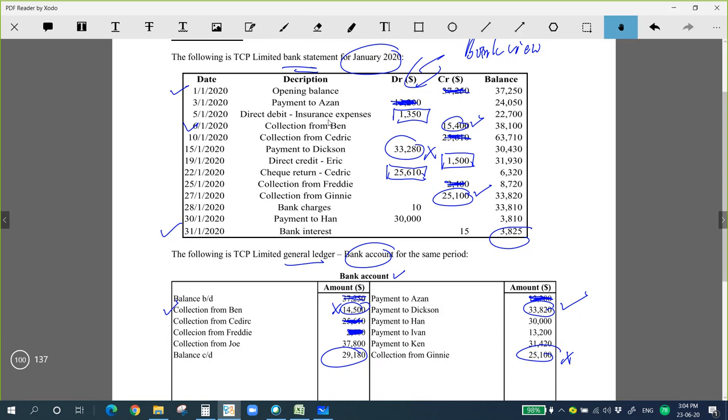This bank charge is a direct debit in our bank statement. However, it did not show in your bank account. So this one we are required to show in our revised bank account later. Next one, payment to Hunt 30,000, right? So it shows in the debit, and then on the credit side we can see this payment to Hunt 30,000 as well. So this amount we strike through.